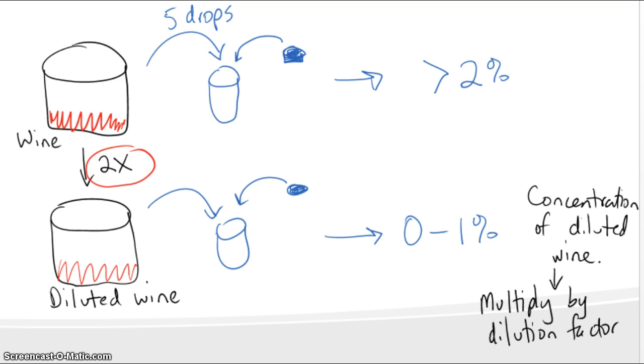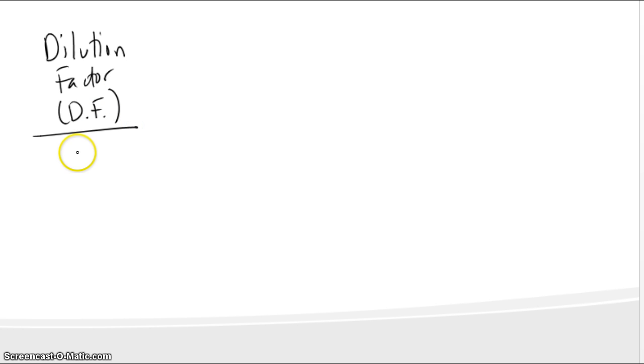All right, so dilution factors. You might see this abbreviated DF. If our dilution factor was 2x, what does that mean?